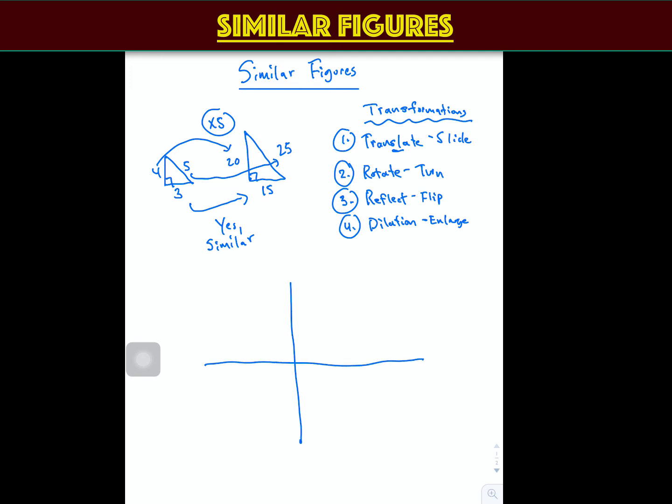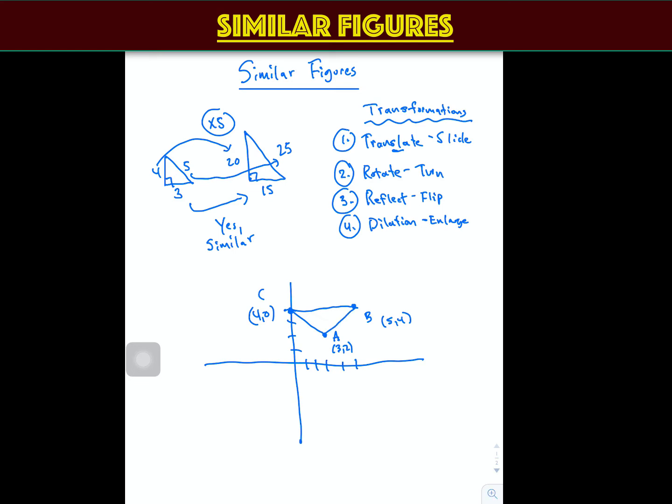Here's an example question of similar figures. Might have a triangle. We have A, which is at 3, 2. B, which is at 5, 4. And maybe we have C at 4, 0. So we have a triangle here.